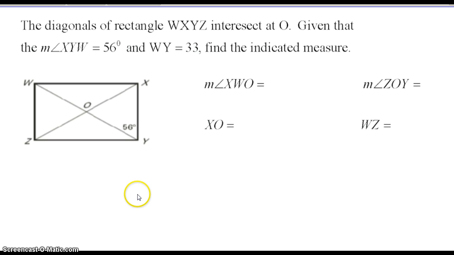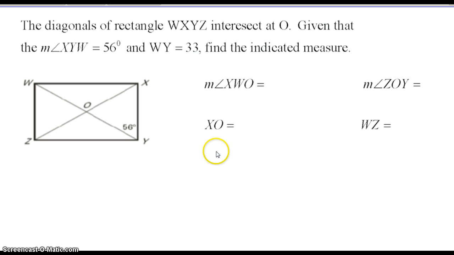So I tell you that the diagonals of a rectangle intersect at O, and I give you that XYW is 56, and I give you that WY is 33. WY is the entire diagonal, so WY is 33, so is ZX, and I know that each piece will be 33 divided by 2 because they are still bisected because of a parallelogram.